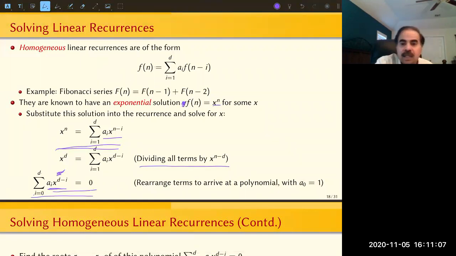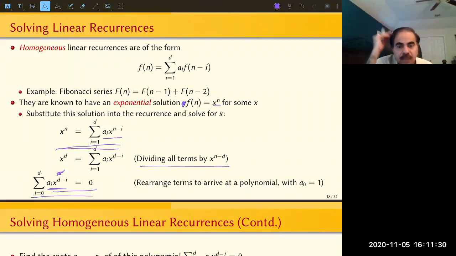So a polynomial of degree d, how many roots does it have? What's the degree of a quadratic equation? 2, right? The degree is the maximum exponent.